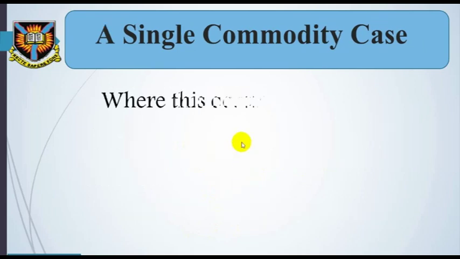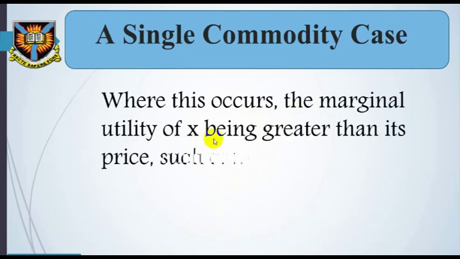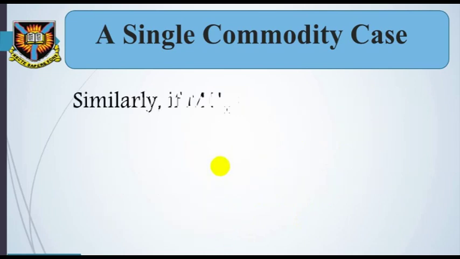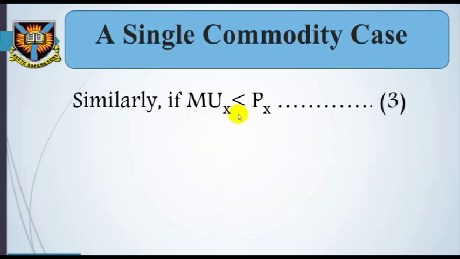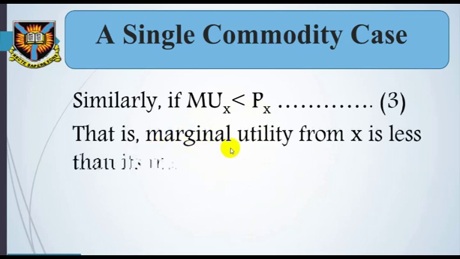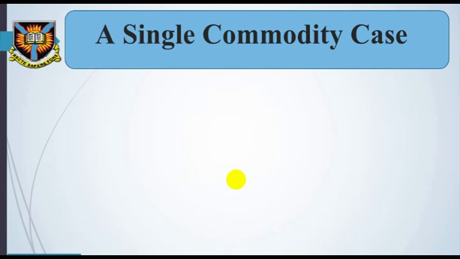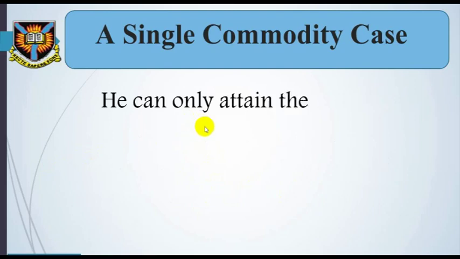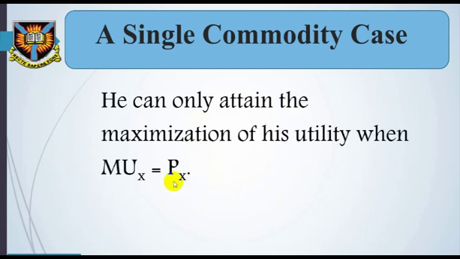Where this occurs, the marginal utility of X being greater than its price, such a consumer can only increase its welfare by purchasing more units of X. Similarly, if MUx is less than Px, equation 3, that is, the marginal utility from X is less than its market price, the consumer can equally increase its total satisfaction by reducing the quantity of X. It can only attain the maximization of its utility when MUx is equal to Px.